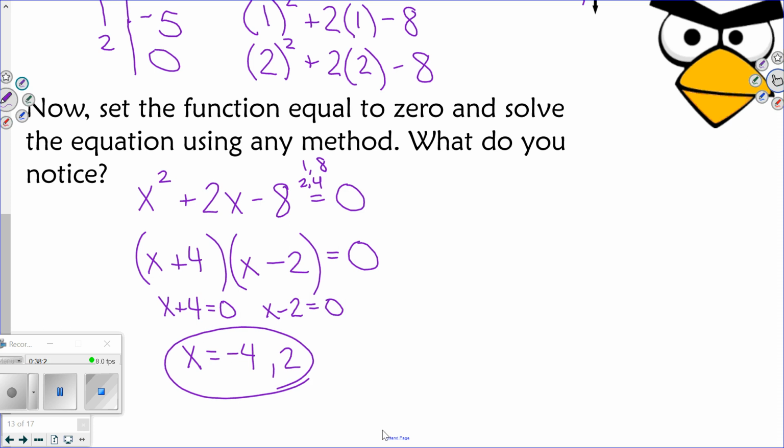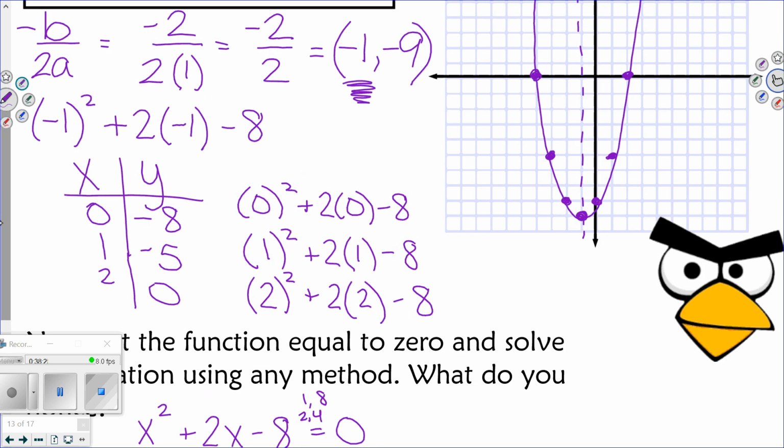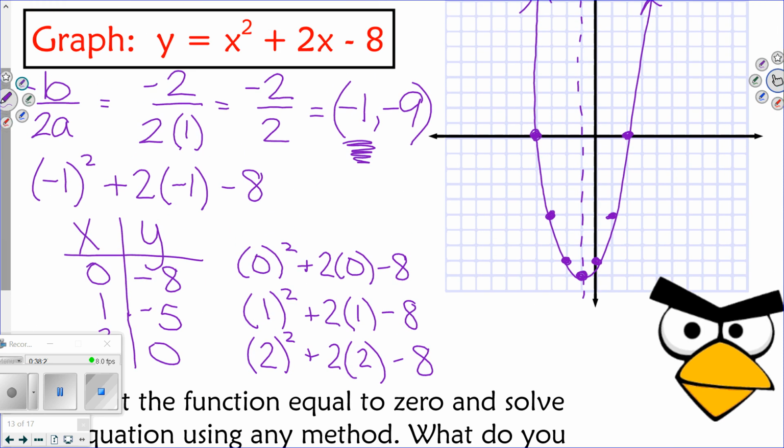Look at your graph. Do you see where the answers of x equals -4 and 2? How does that relate to the graph? Where did it cross the x-axis? At -4 and 2. Look, right here. That's -4.